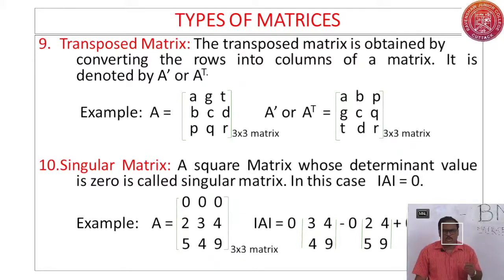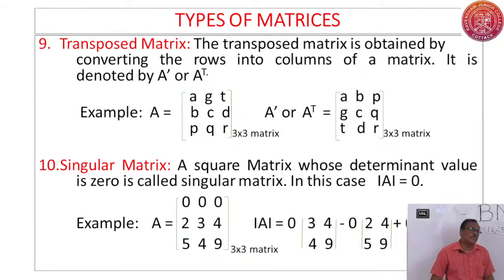Now in AT, after the rows are converted into columns, the first row AGT becomes the first column AGT. The second row BCD becomes the second column BCD.